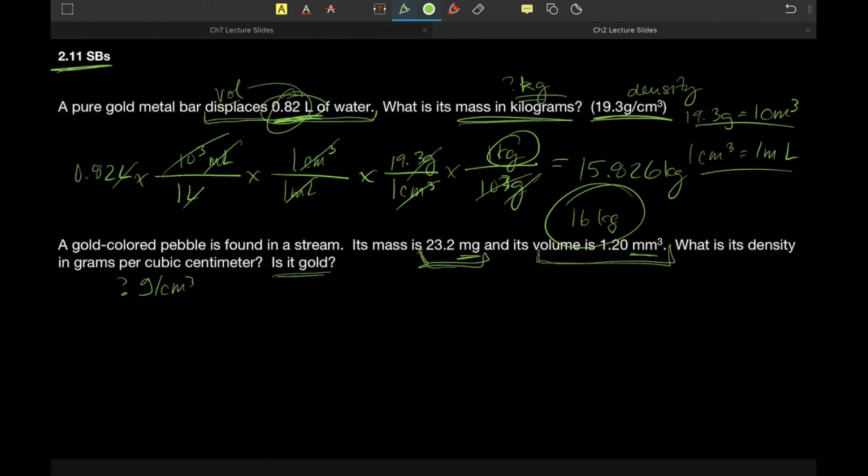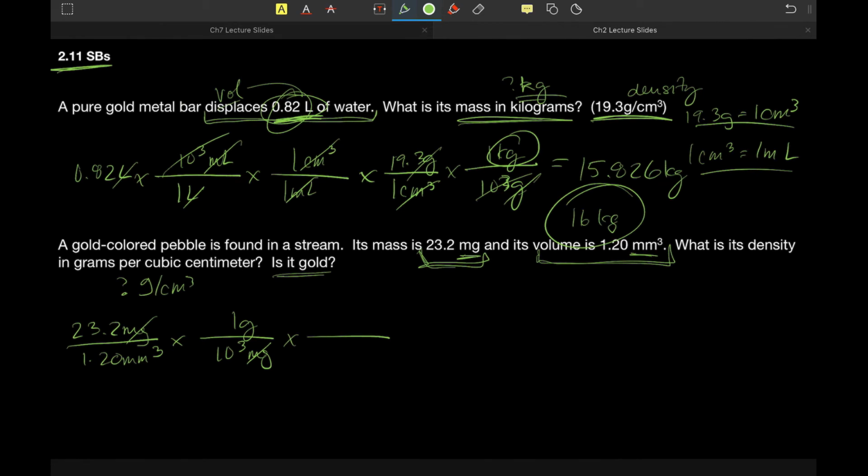So if I know that density is mass over volume, 23.2 milligrams over 1.20 millimeters cubed, I could then just go ahead, and now this becomes kind of like that speed limit conversion, where we'll just pick where we want to start. So I want to take milligrams to grams first. I know that there are 10 to the third milligrams for every 1 gram, and that cancels. And for millimeters to get to centimeters, first let's start in 1 dimension.